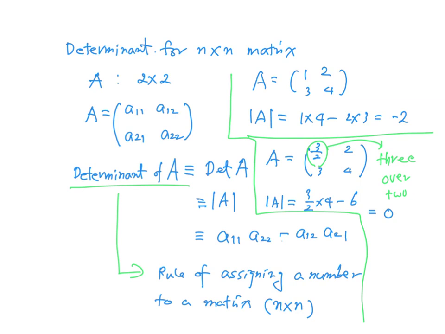When we find determinant A as A11 times A22 minus A12 times A21 and determinant A is 0, we call A a singular matrix, square matrix.